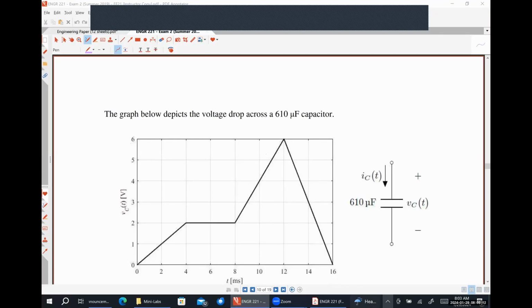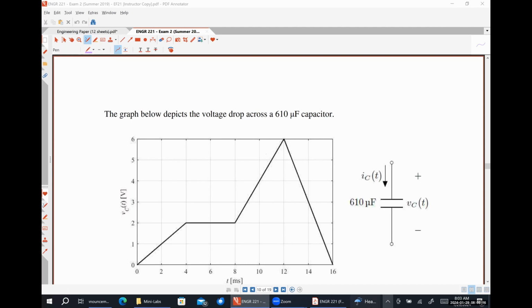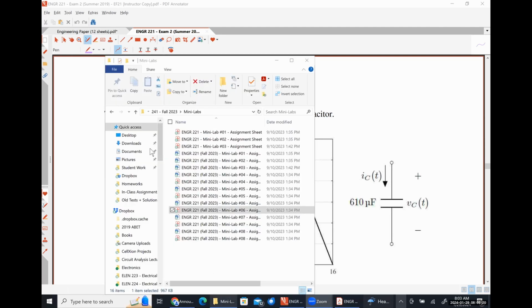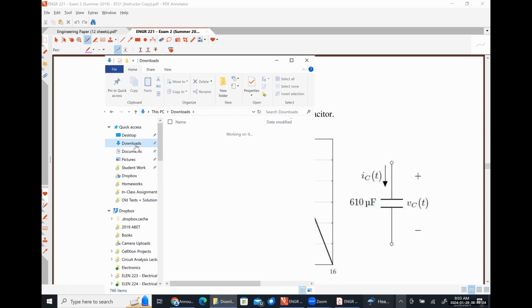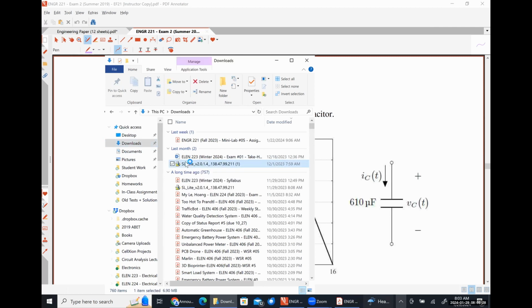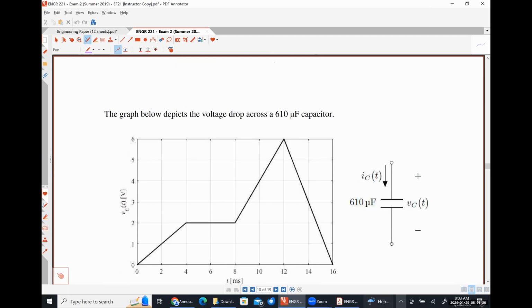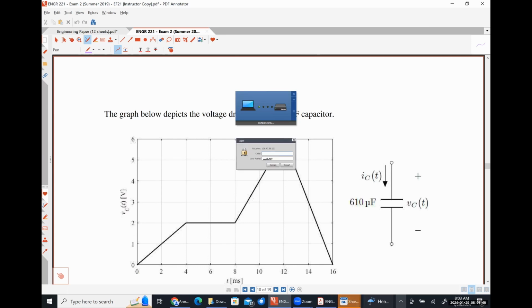My screen's doing that weird thing, so let me connect to it wirelessly. Sorry about that.